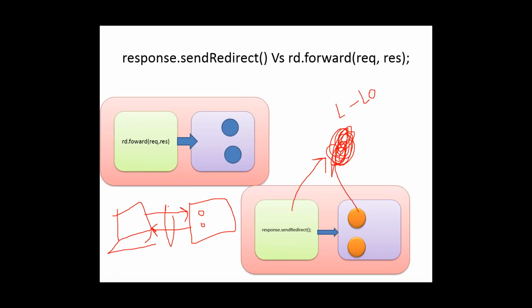Once the cycle is completed, the container will destroy both the request and the response object. Whereas in the case of session, it will remain valid. Clear with this? Yeah.